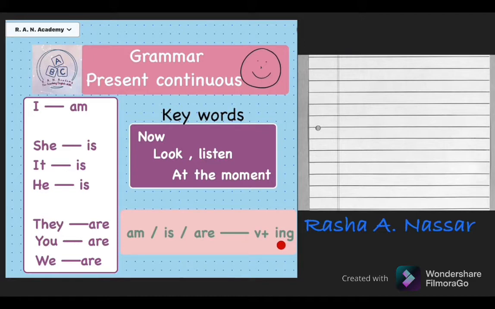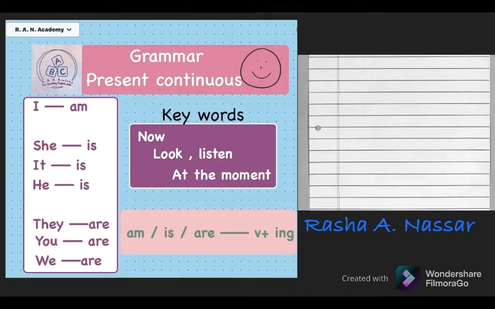And of course, we have learned before that I with am, and he, she, it with is, and they, you, we with are. So we know verb to be consists of am, is, and are in the present simple.